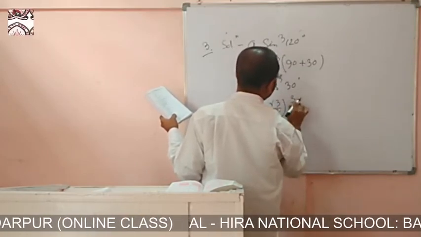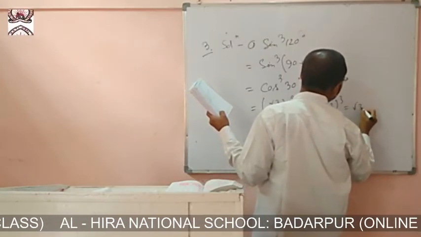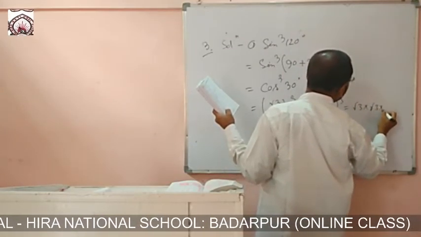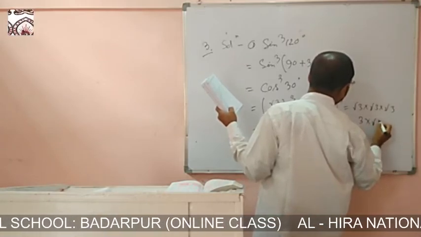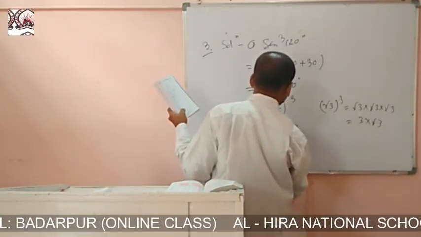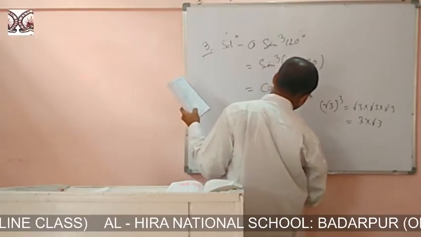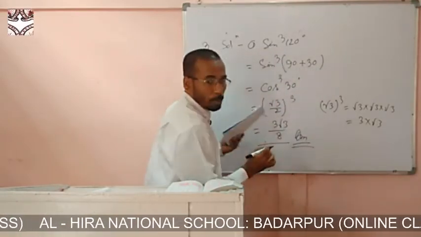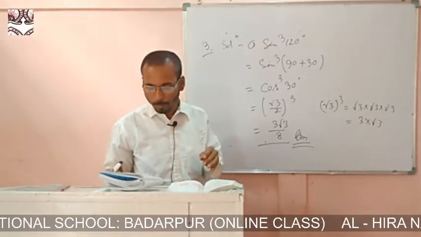So root 3 cube means root 3 into root 3 into root 3 is 3 into root 3. So this will be 3 into root 3 by 2 cube is 8. So answer is 3 root 3 by 8.